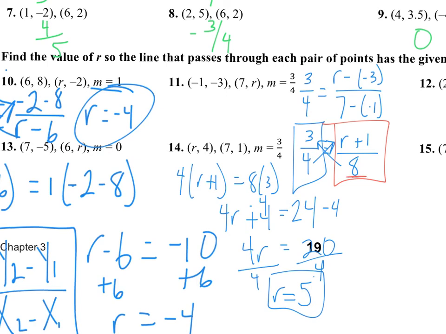What would 3/4 be in eighths? So if you multiplied this by 2, you'd get 8. If you multiplied this by 2, you would get 6. So now I know r plus 1 has to turn into 6, and then it becomes easy to say, oh, well, r's got to be 5 because 5 plus 1 is 6. So that's how we can use a little bit of common sense to still come up with the same answer on that.